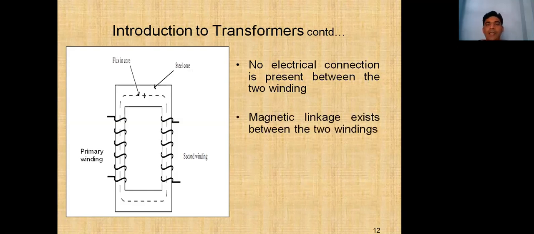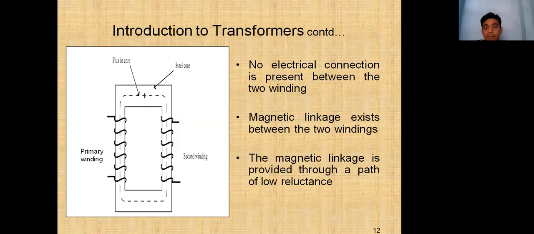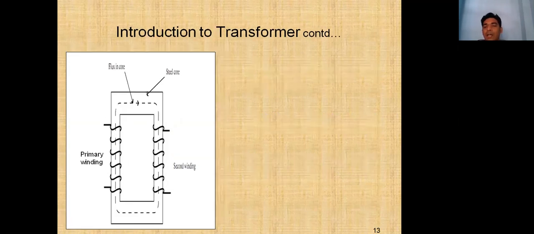Magnetic linkage exists between the two windings. The magnetic linkage is provided through a path of low reluctance.